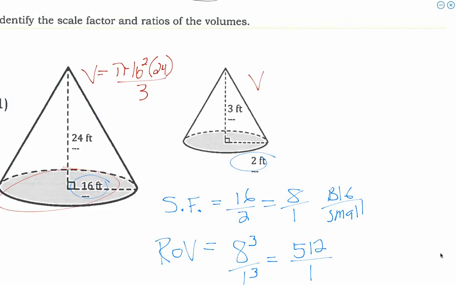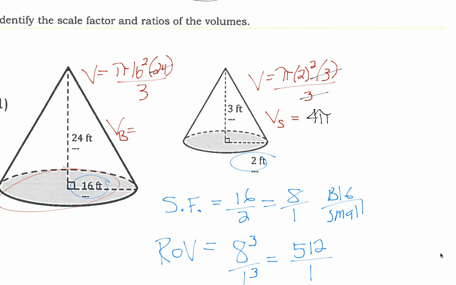And the volume over here is going to be pi times 2 squared times 3 divided by 3. So volume of the big, volume of the small, those cancel out. And we get 4 pi, because 2 squared is 4.